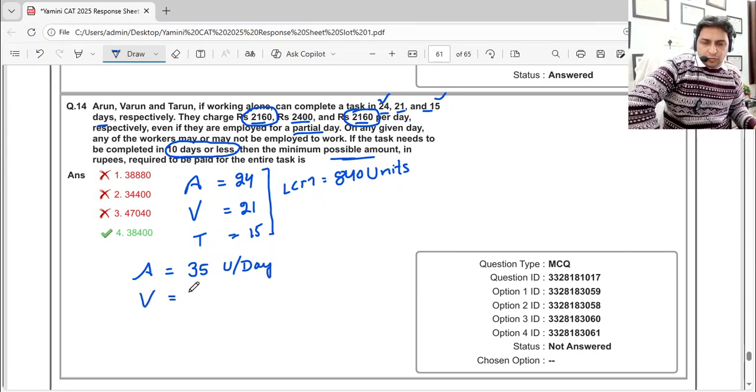Varun could do 40 units per day, and Tarun could do 56 units per day. So I need to put all the 10 days for Tarun, because he is the least expensive for me. So he will complete 560 units and he will take 21,600 rupees only.